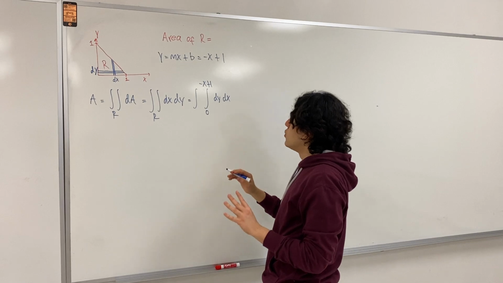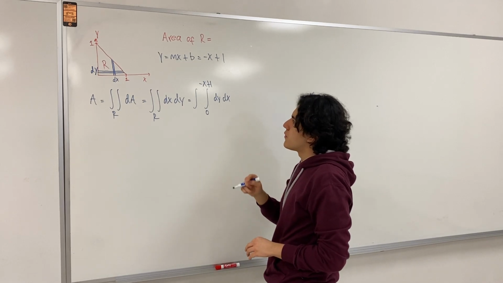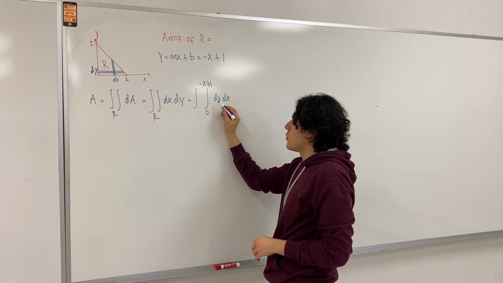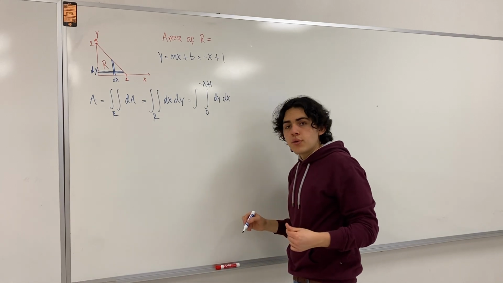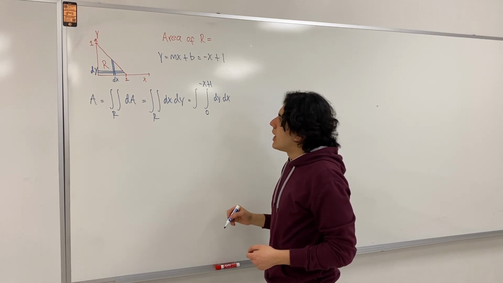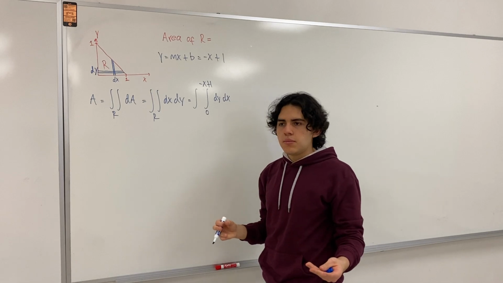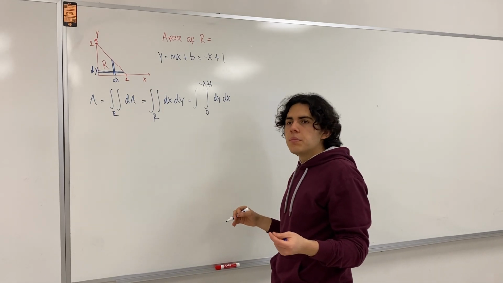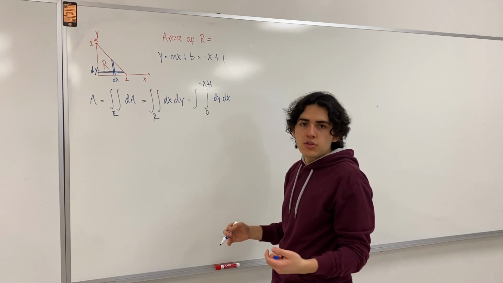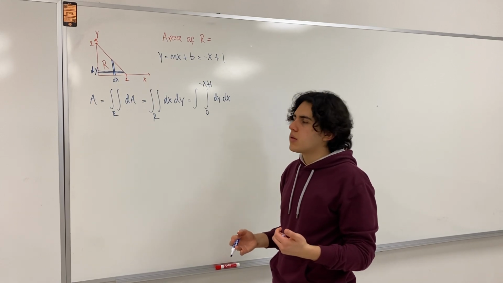And now we do what we would typically do, although before integrating this, we should first find the bounds for x. Now the bounds for x are actually much easier because anytime you have nested integrals, the outermost bound will be just a rectangular region, or you could treat it as a rectangular region.